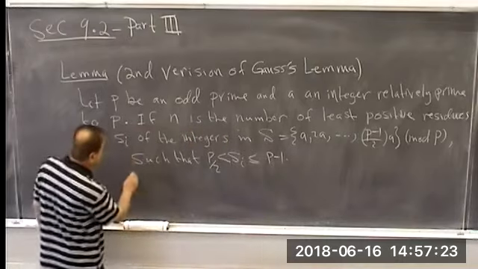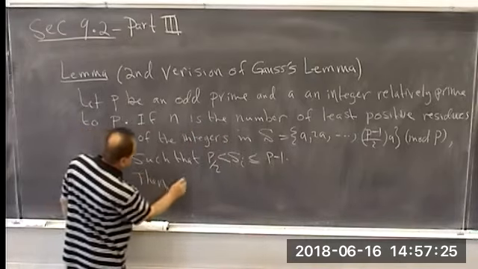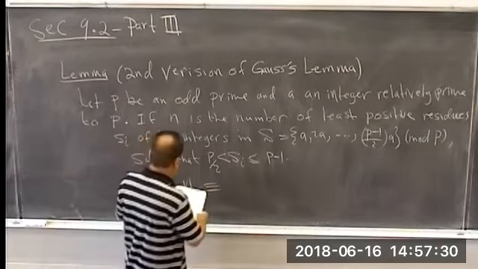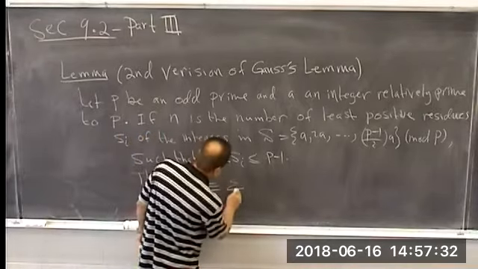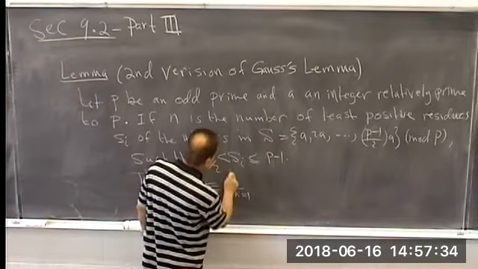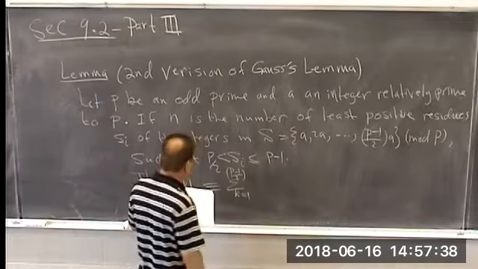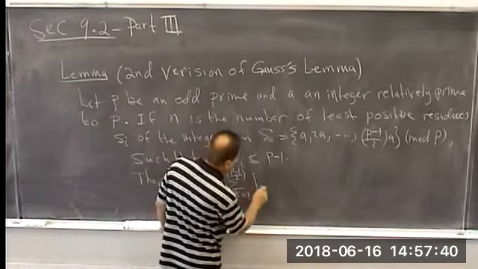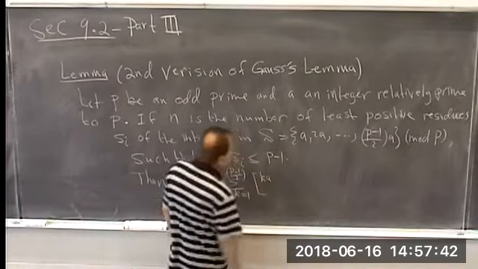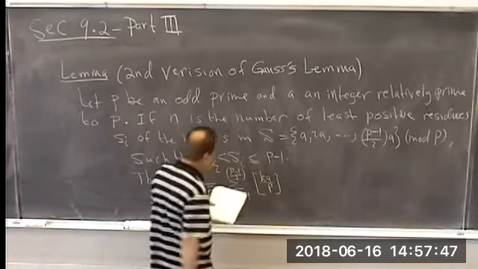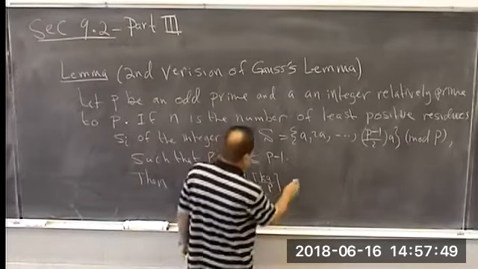Then n is congruent to the sum, k equal 1 to (p minus 1) over 2, where k is the index of the summation, of the greatest integer of ka over p, mod 2.